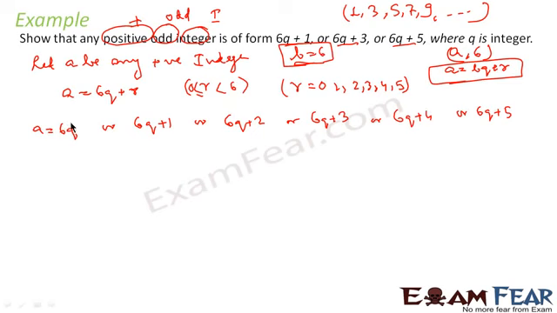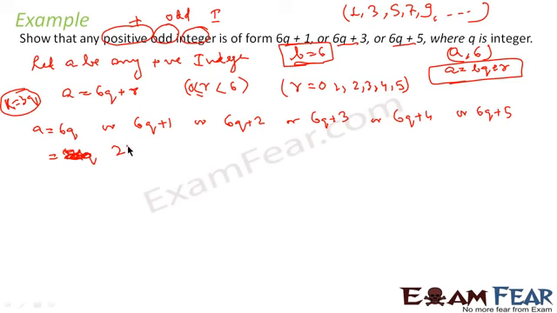Now 6 I can write as 2 into 3, where 3 is some constant. Why I am doing this, I'll show you. Let me assume that k is equal to 3q. This is some constant, because q is constant and 3 is constant.